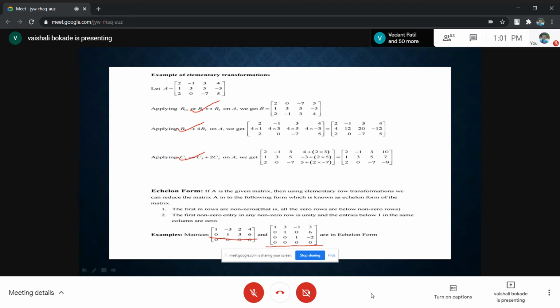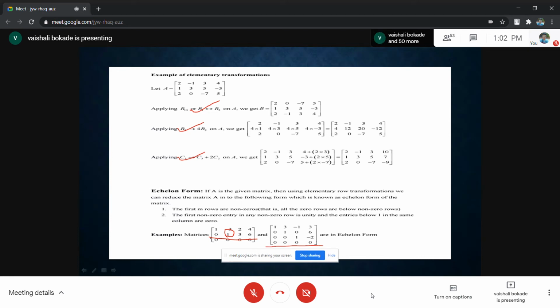For this R2 row, each and every time you will convert the element at the (2,2) place to 1. For converting this element at the (2,2) place to 1, I will not touch R1.